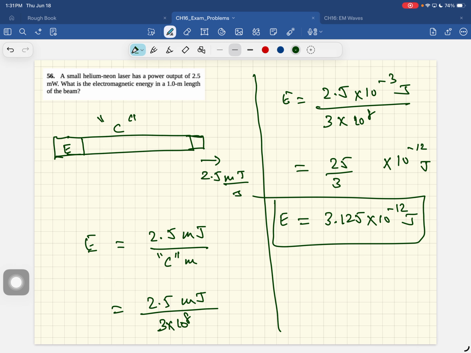What you're left with is 1.4. So that's the strength of the electric field, the amplitude of the electric field in sunlight.